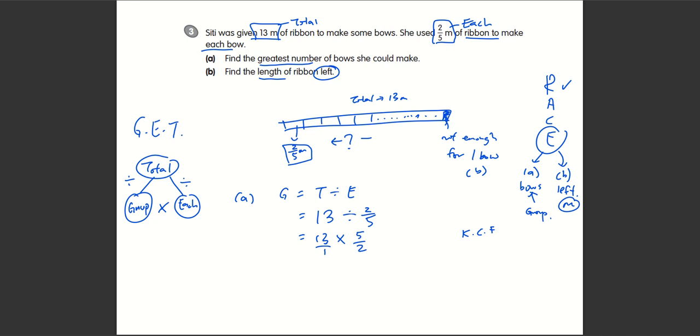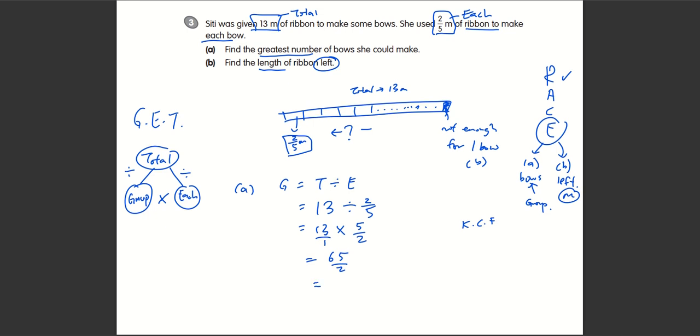Then I will get 13 times 5, 65 divided by 2. Then I will get a mixed number.